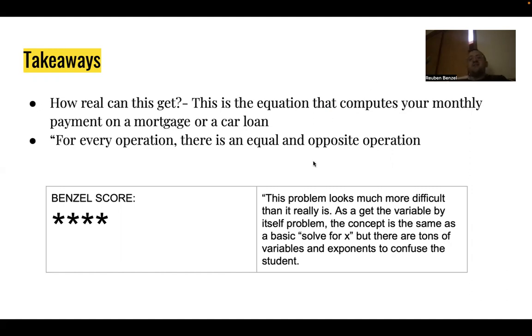Because of that, I give this the highest Benzel score in difficulty of 4 stars, simply because the problem looks a lot more difficult than it really is, and it's likely to throw off many students. But at the end of the day, if you get to the root of the reciprocal, you can get this problem correct.